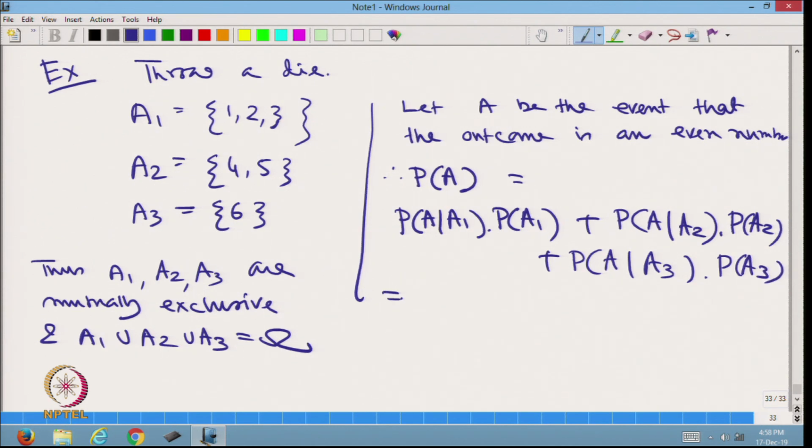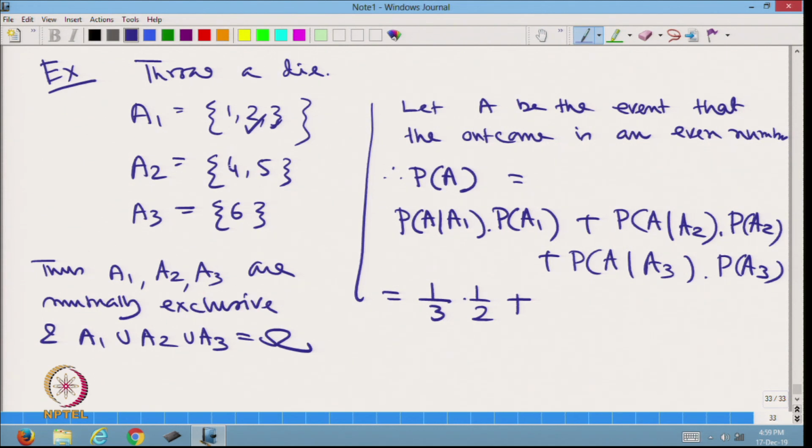This is equal to probability of getting an even number given that A1 has occurred, that is 1 by 3 because there is only one even number out of 3, multiplied by probability of A1, that is half, plus probability of A given A2.